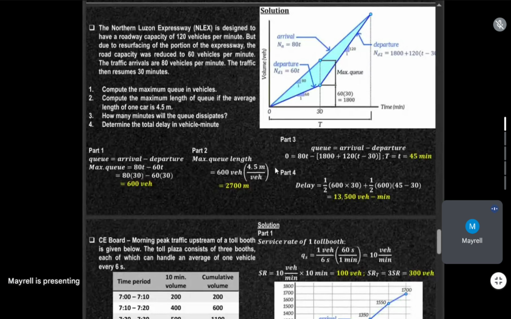Then for part 3, how many minutes will the queue dissipate?